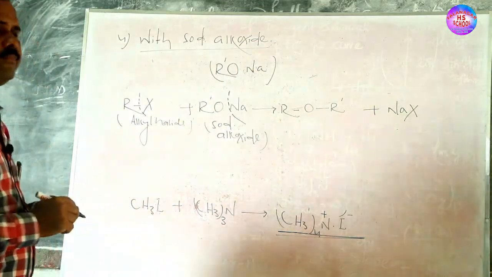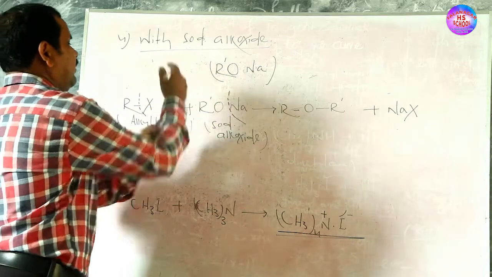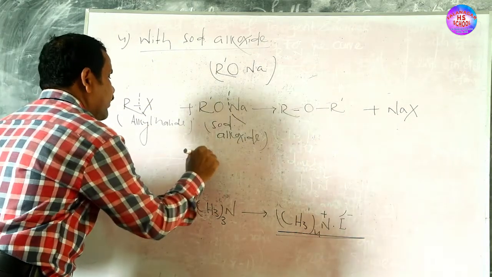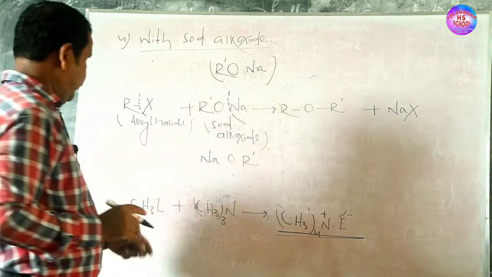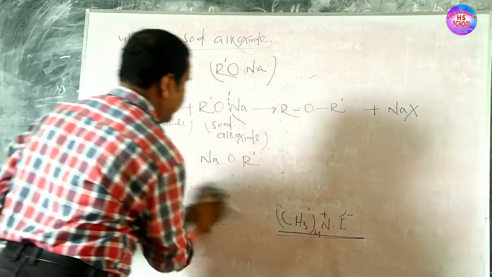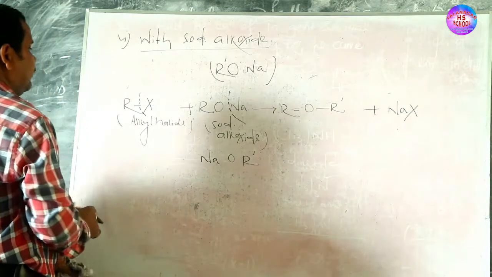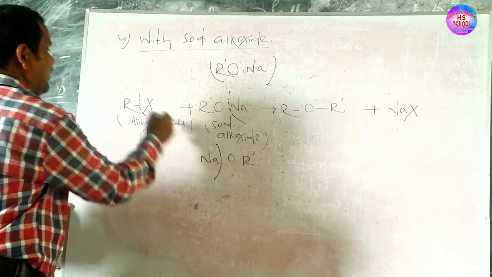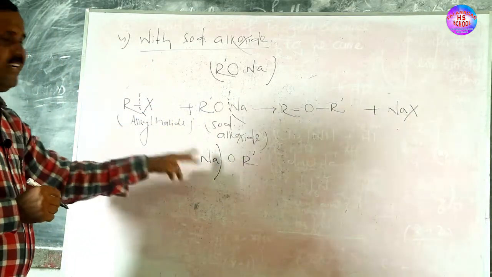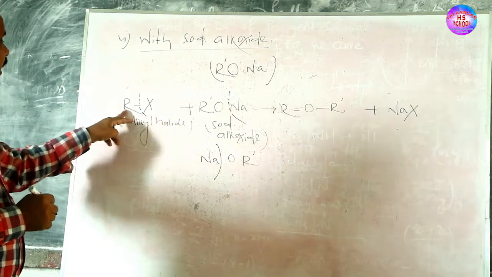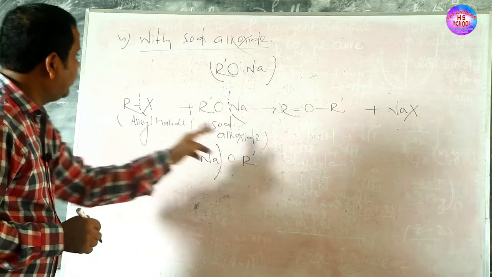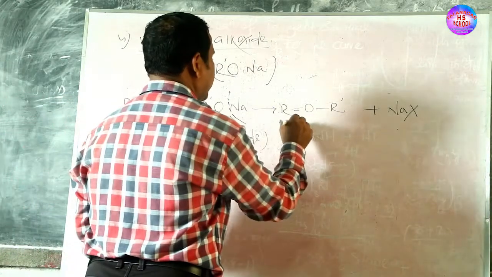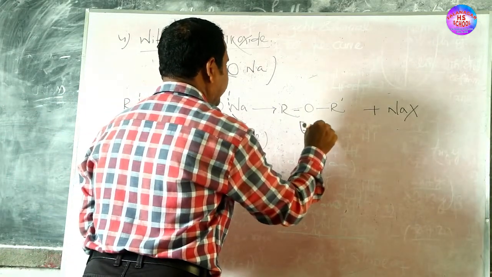If you write it in the reverse manner, NaOR', this is also correct. What happens? Na will take this X, NaX, and R single bond O single bond R'. So it is called ether. This compound is an ether.